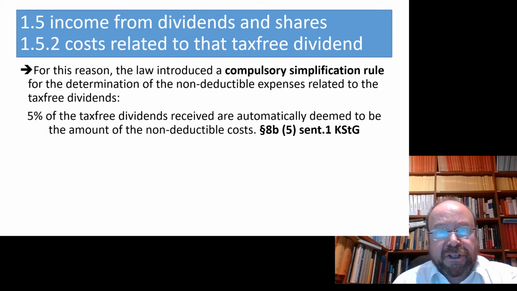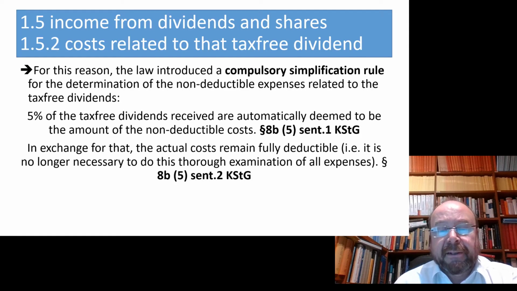So they said, we just don't care about the actual expense. We just estimate it always as 5% of the dividend which is received. That estimate will be sometimes too high, in other years too low, but in the average over all the years, 5% of the dividends received will approximately, from our perspective, cover the non-deductible expense in a fair way.